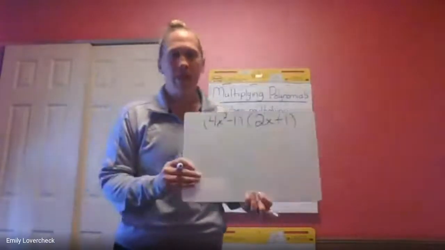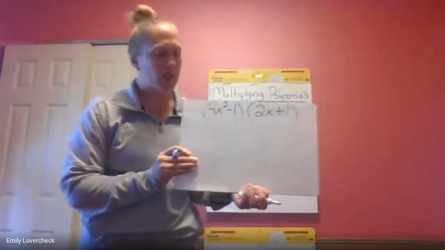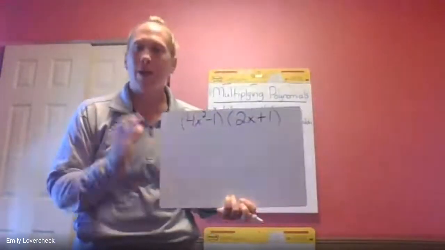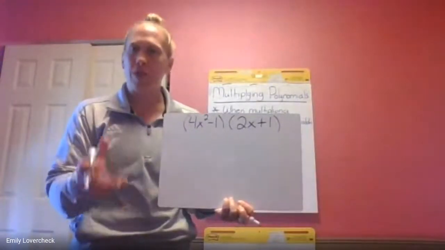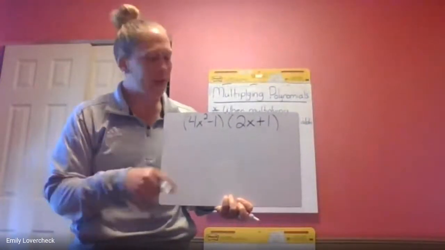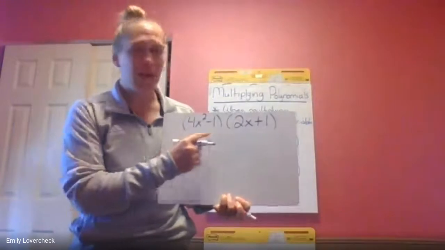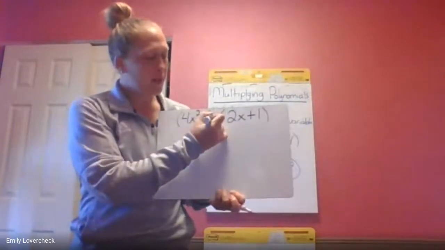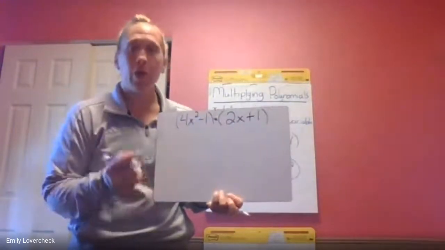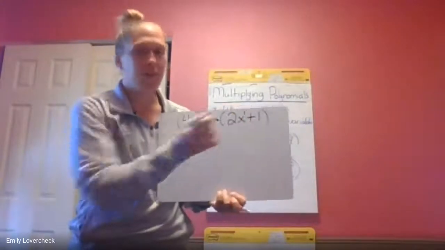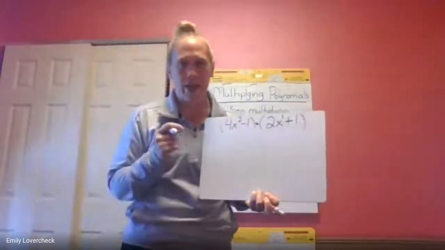Let's do one more of these just to make sure we're good. And then again, you guys can always log on to Zoom and ask questions. So let's say I have this problem here. Same process as the last problem, just numbers a little different. So I have 4x squared minus 1 times, again, there's that multiplication sign there, 2x to the first plus 1. Again, I'll put that 1 on that exponent.